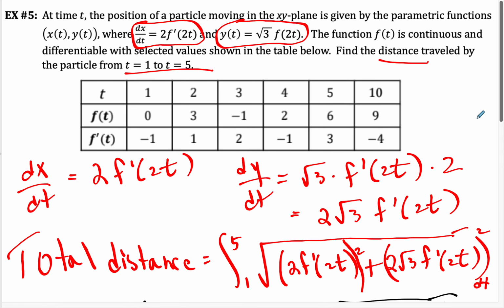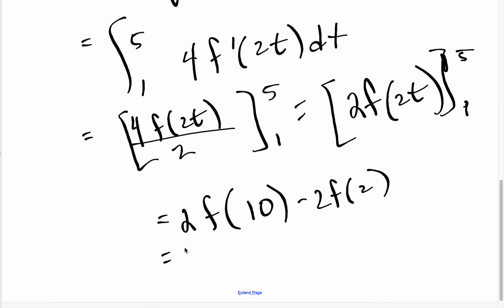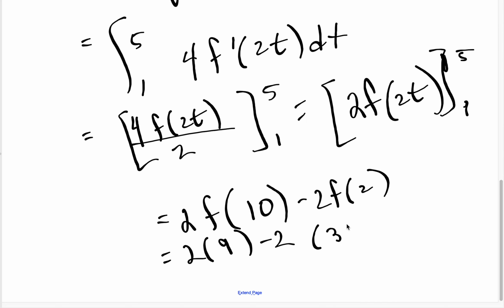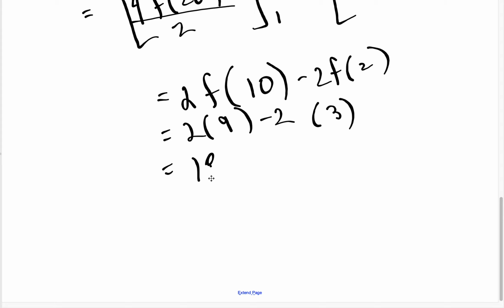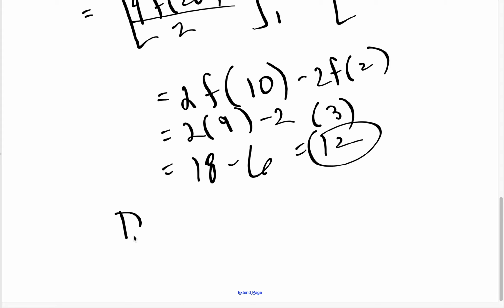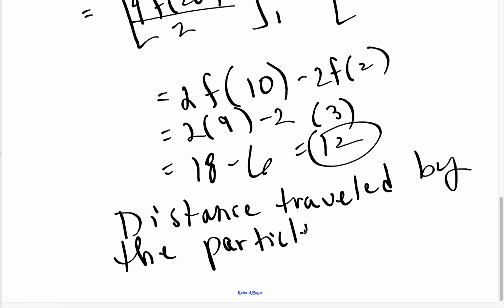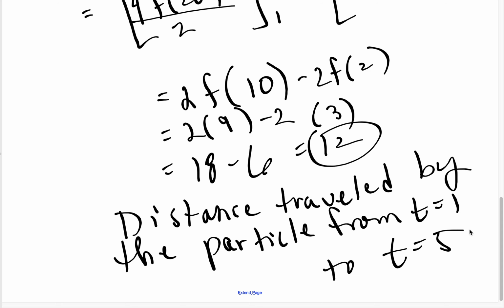F of 10 right here is 9. F of 2 is 3. 18 minus 6 is 12. What is that? That is the distance traveled by the particle from t equals 1 to t equals 5.